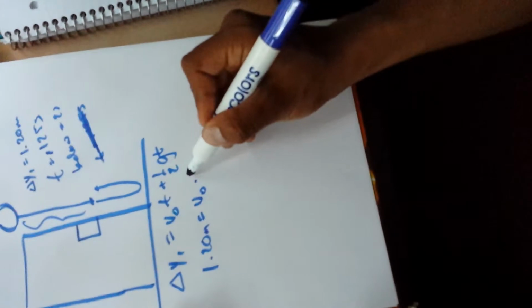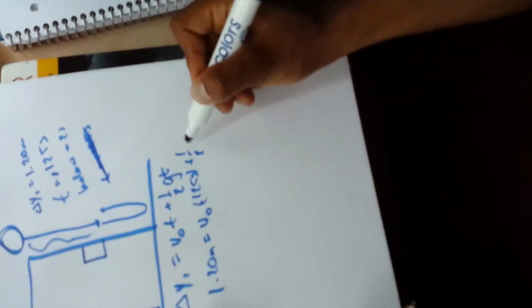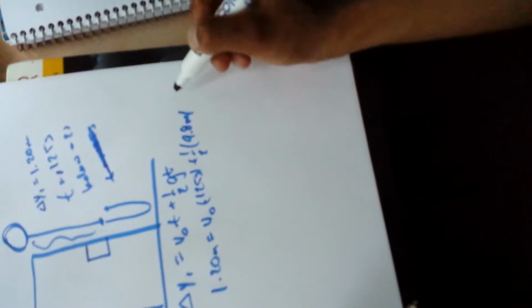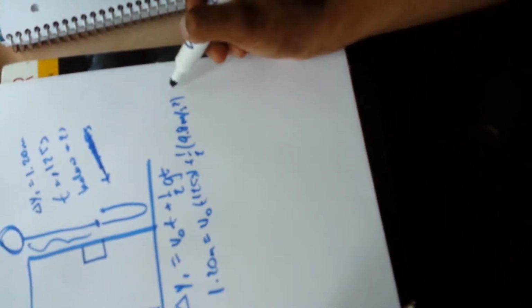The initial velocity isn't given, so we have to solve for that. And we all know that gravity is 9.8 meters per second squared.